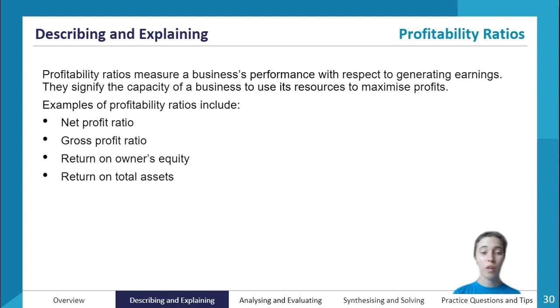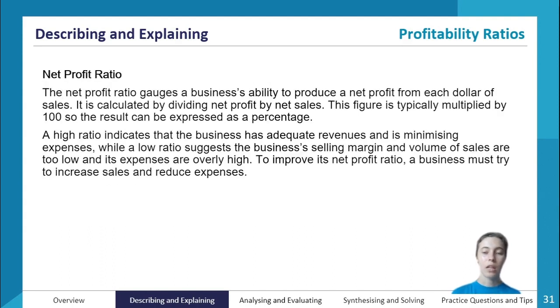Some examples of profitability ratios include the net profit ratio, gross profit ratio, and then return on owner's equity and return on total assets. So let's look at these in turn and think about what a high and low ratio means for each.